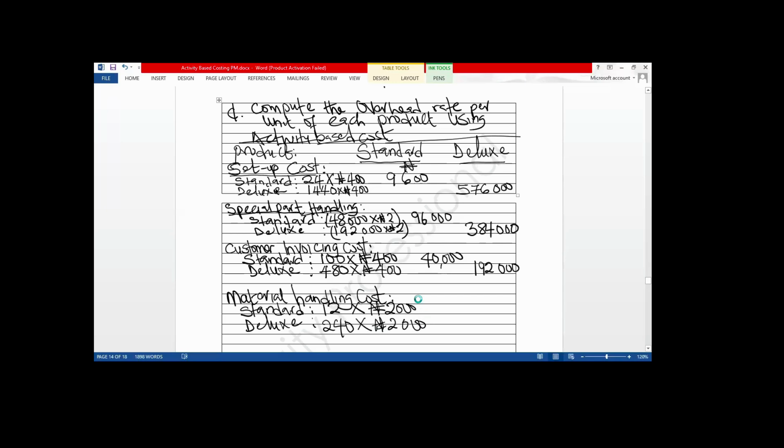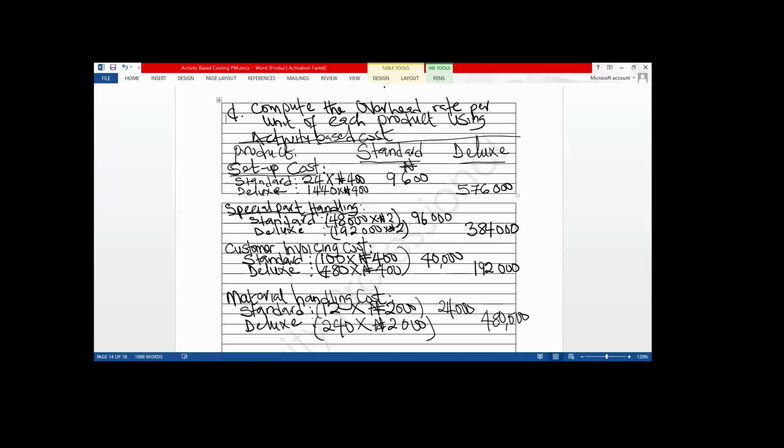Yeah, the standard is 24,000 naira. Dealers is how much? 480,000. You can reconfirm the total.